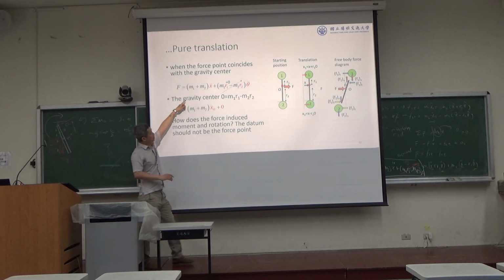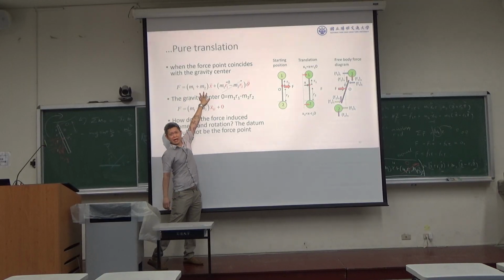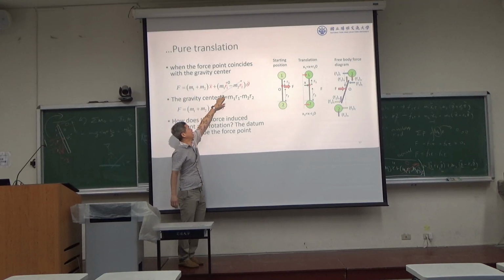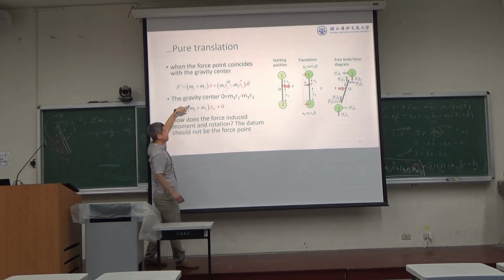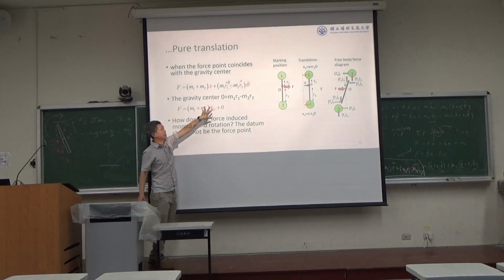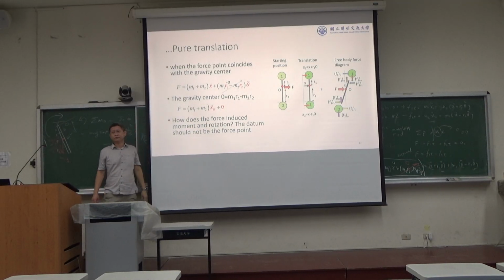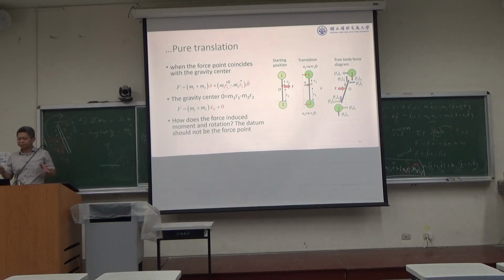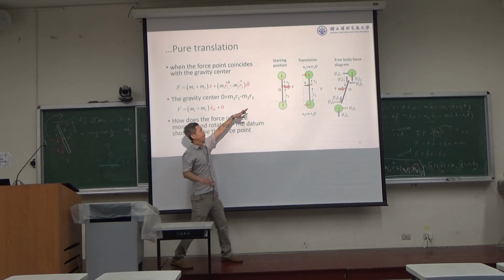You now can reduce the equations. F equal to mx double dot plus something times angular rotation. You reduce it to force is equal to force sum times translation at the gravity center. Okay? So in this case, previously I defined my coordinate using force point.